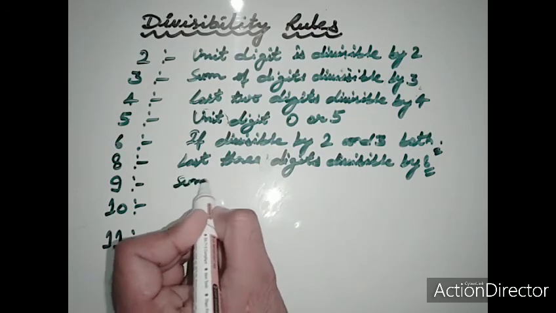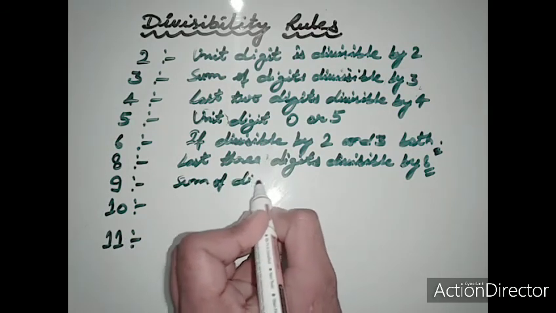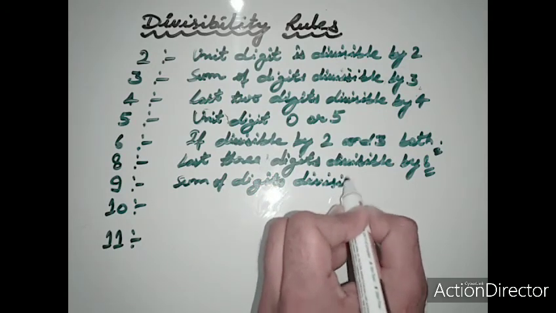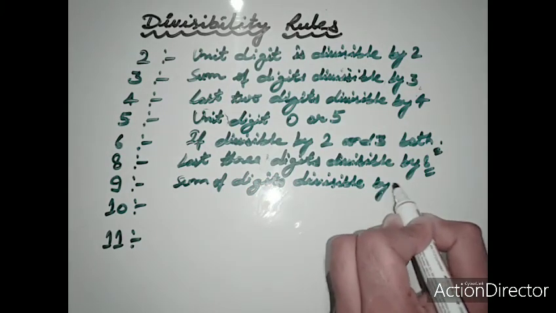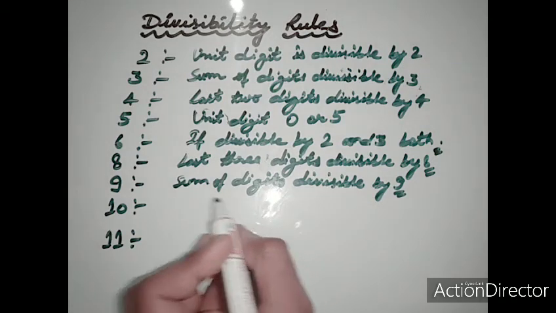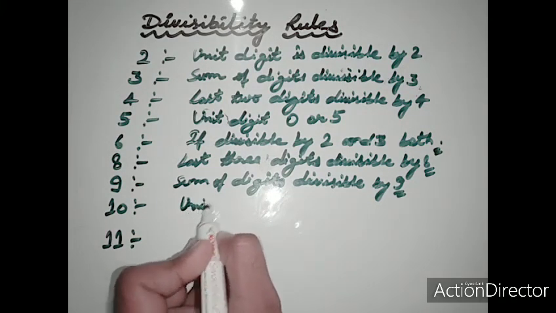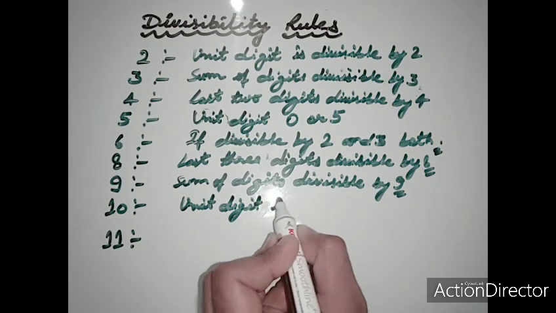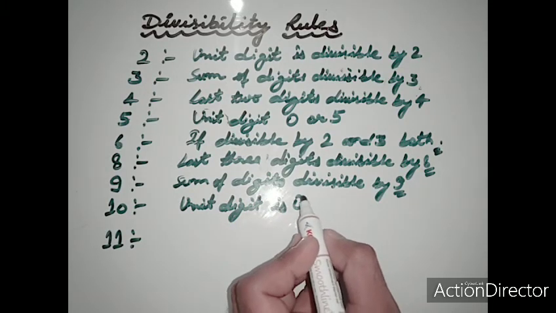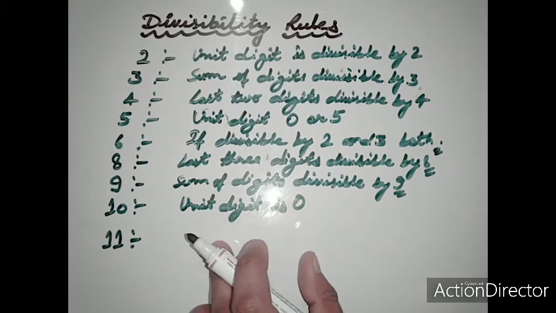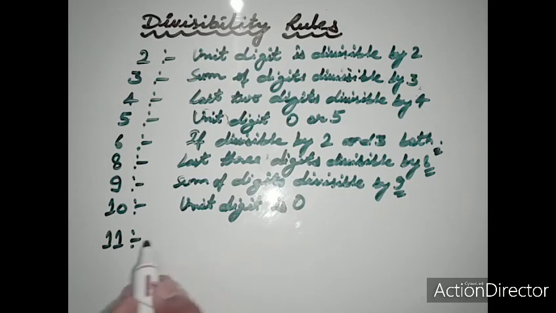If the sum of digits is divisible by 9, the whole number is divisible by 9. Divisibility rule of 10. If the unit digit is 0, the whole number is divisible by 10.